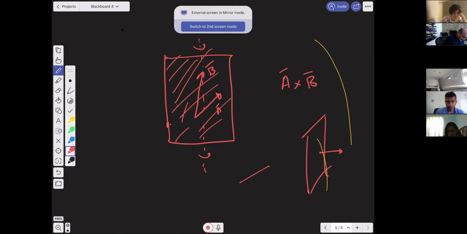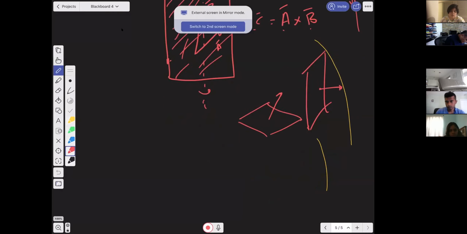But if you change the orientation of the plane, the perpendicular line changes too. So the cross product, the vector C that represents A cross B, is perpendicular to the plane. This is the first thing that you must take into account when you calculate the cross product.